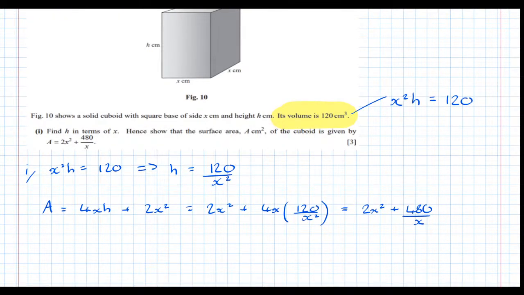So just a little conclusion, therefore the surface area A equals 2x squared plus 480 over x.